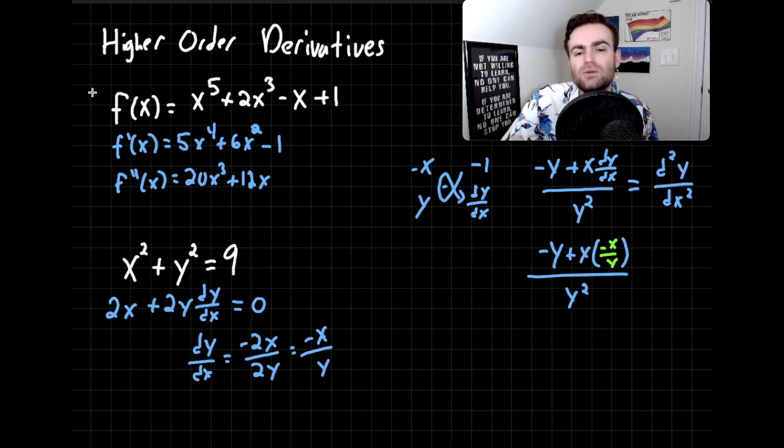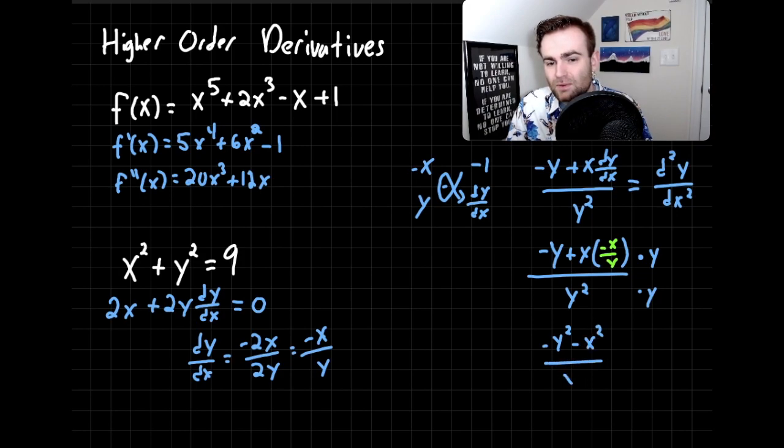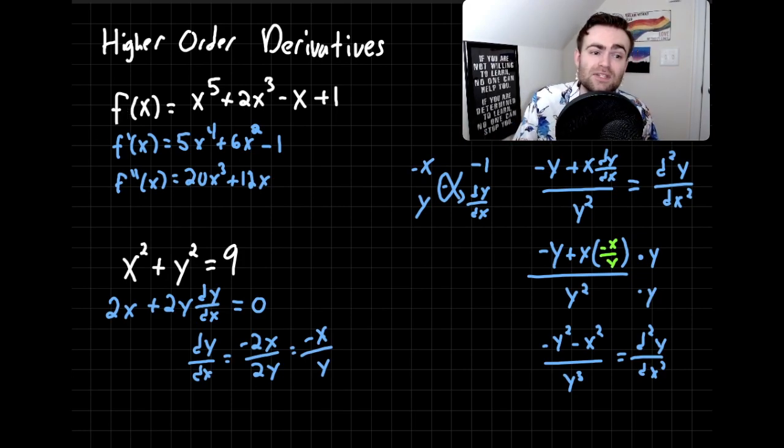And we can clean this up a little bit. I don't like having fractions in my fractions, so something I'm going to do just to make my life a little bit nicer is I'm going to multiply the numerator and denominator by y, and that'll cancel that one out. So we'll have negative y squared minus x squared all over y cubed, and that is what d2y over dx squared is equal to, or the second derivative of my circle.